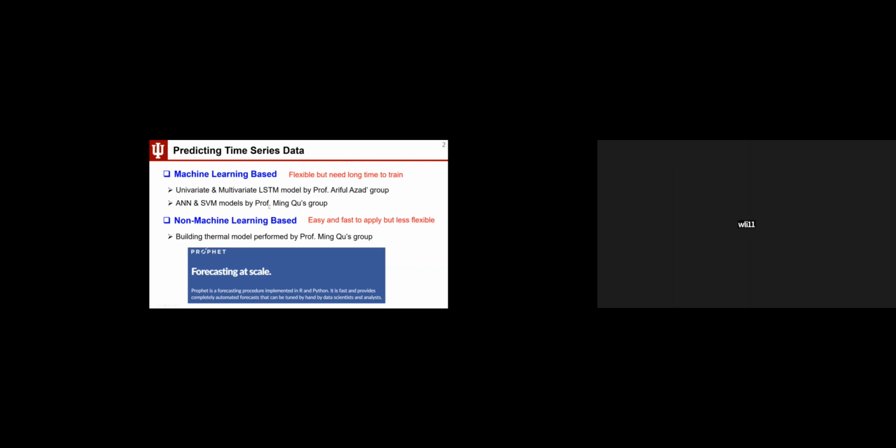These machine learning based methods are flexible but need a long time to train.